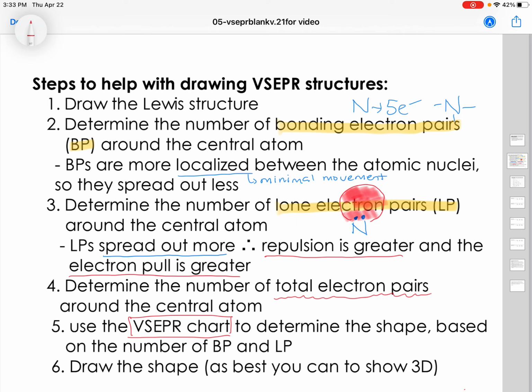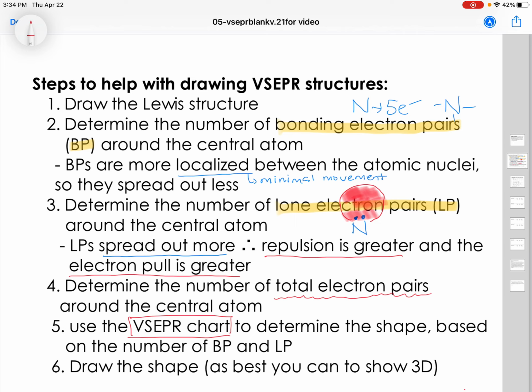So if it's too small in the note and you want it bigger, great. You can Google this VSEPR chart and you will find plenty of versions. Just be careful, again, some of them will have the bond angles in them, and that's beyond the scope of what we need. Okay, so I just don't want you to complicate things for yourself.